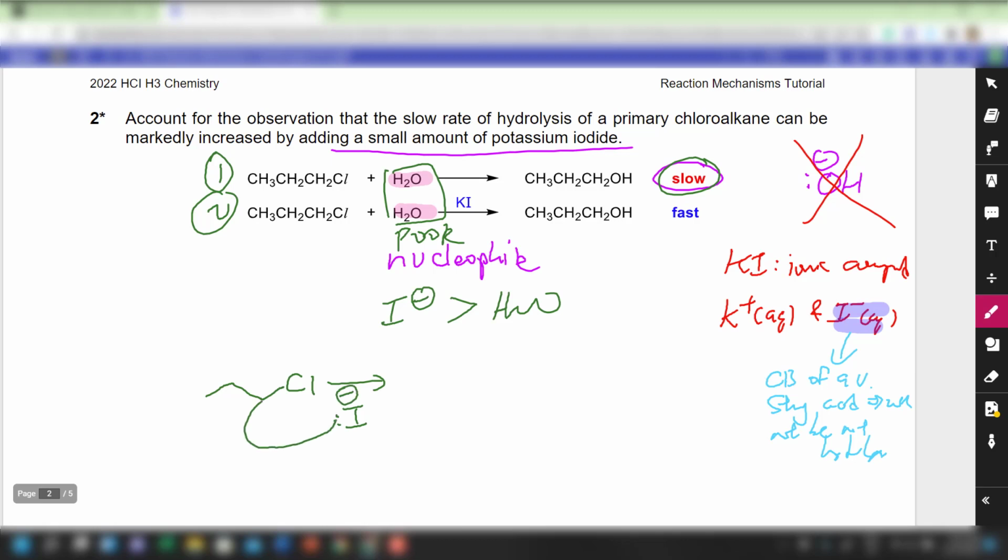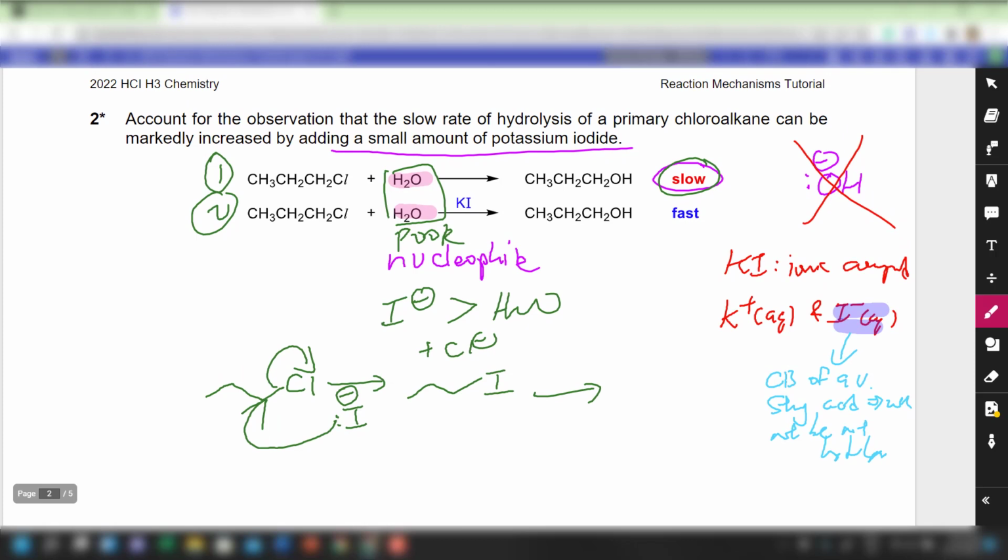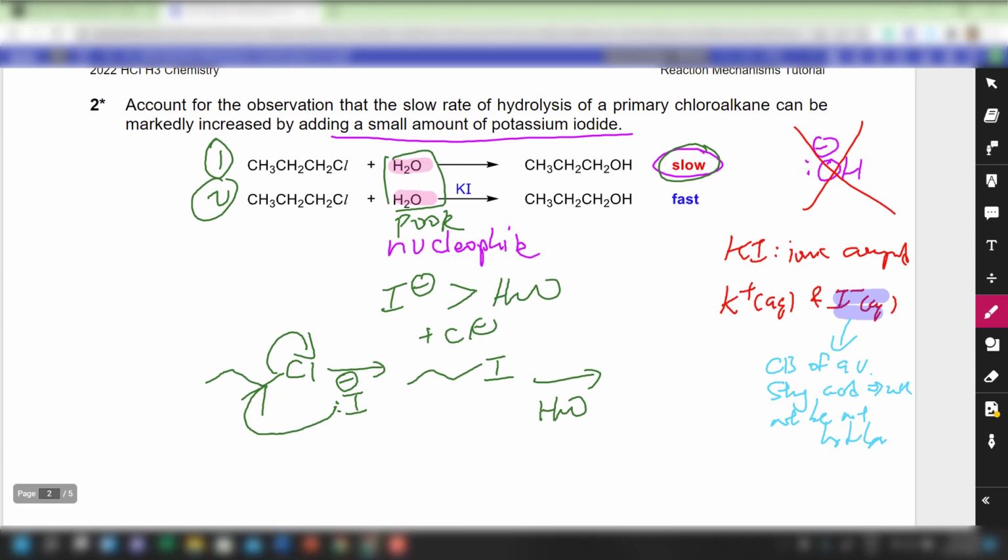It will attack from the rear, and then the C-Cl bond will break. In the process, I'm producing iodopropane, plus Cl-. Iodopropane, as all of you know, has iodine as a good leaving group. So a poor nucleophile such as water will be able to attack it from the rear again and cause iodide to leave.